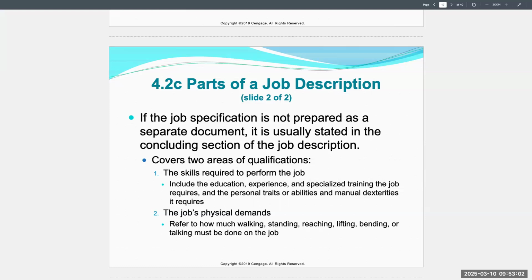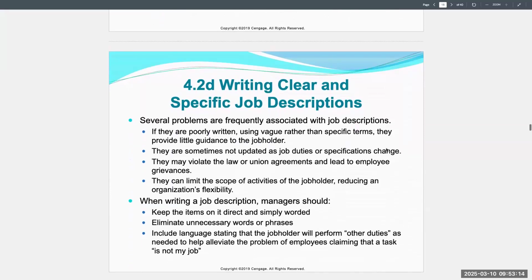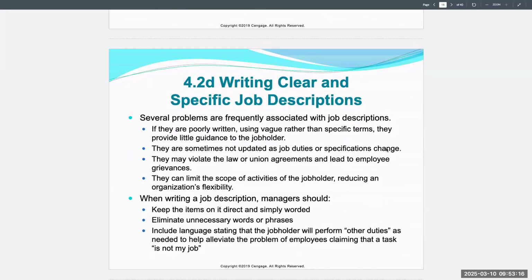And a well-structured job description prevents misunderstandings and legal compliance issues, especially in physically demanding roles where safety is a concern. So these are the things that you need to have in a job description that are part of a job analysis. If you've done the job analysis correctly, you go to these things and they're there. You're able to cover all these things.